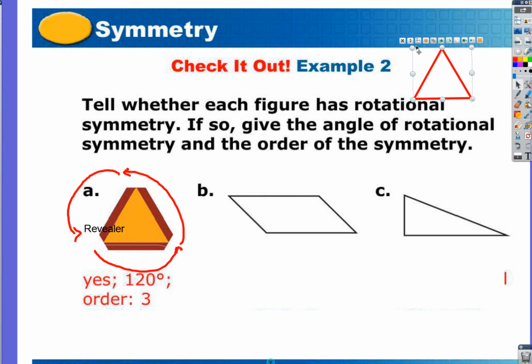How about the next one? That's actually known as a parallelogram. Remember that we're not doing linear symmetry, but I want to say it also has linear symmetry.